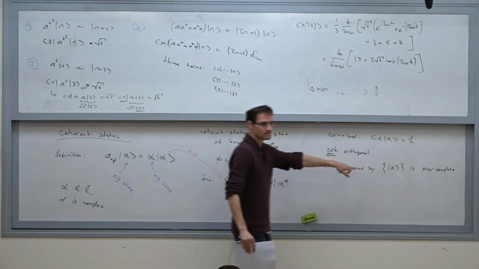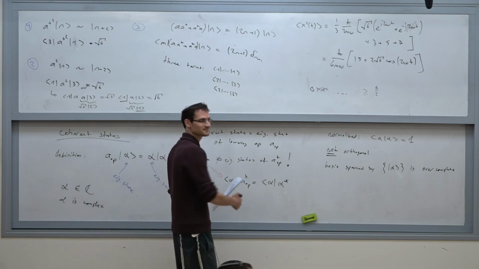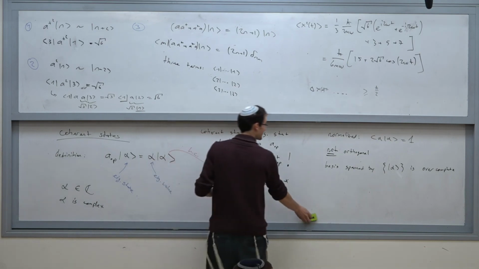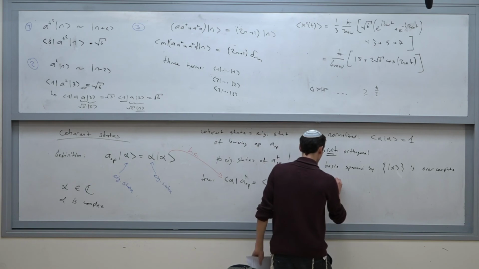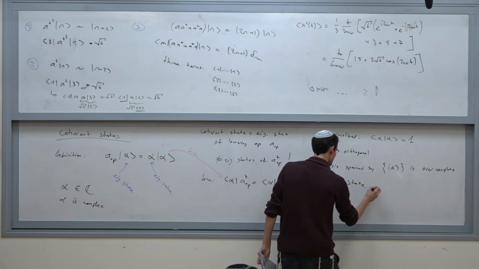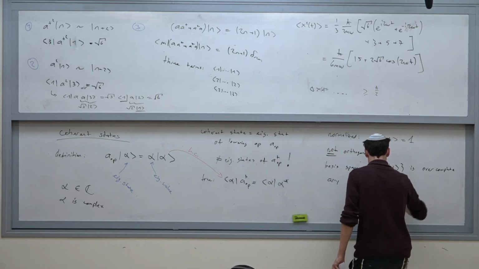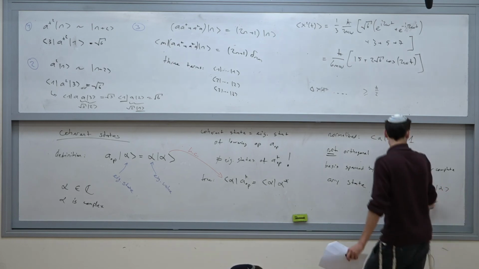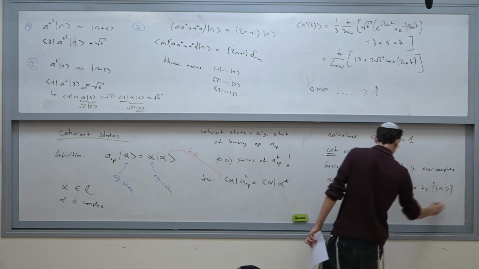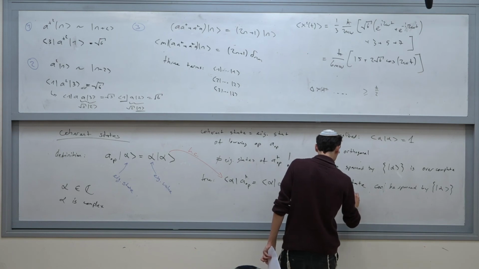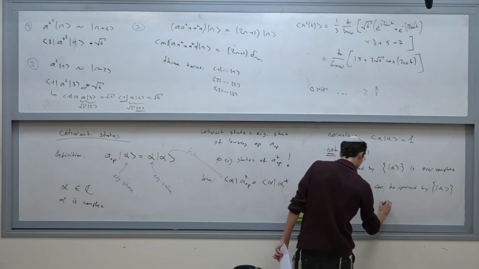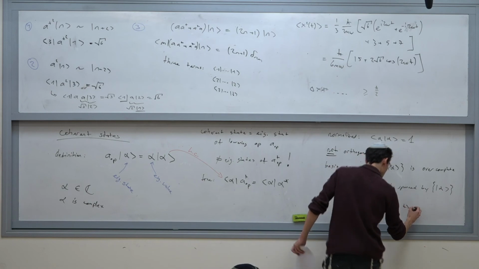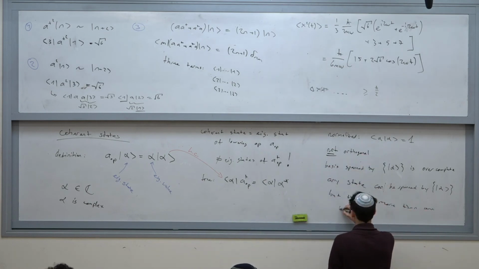How do you know it? You're going to prove it in your homework. Not joking. You actually are. Overcomplete. So any state can be spanned by the set alpha, but there is more than one way of doing so.